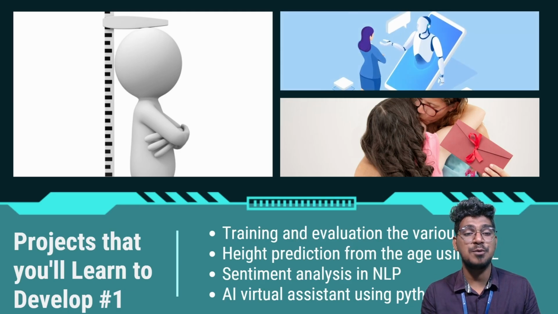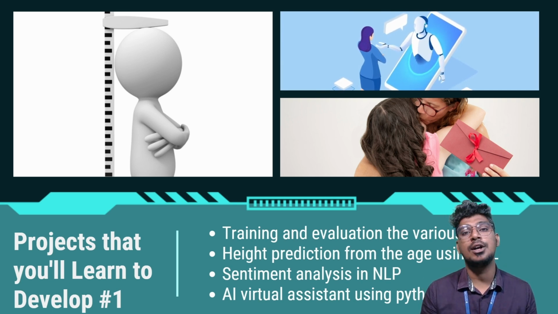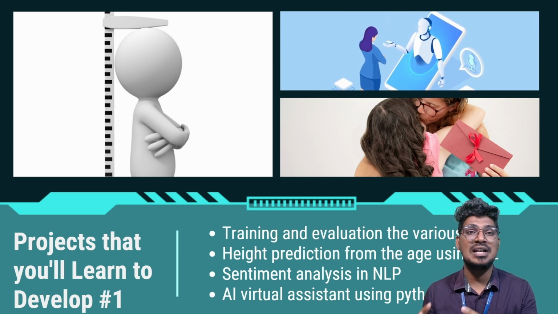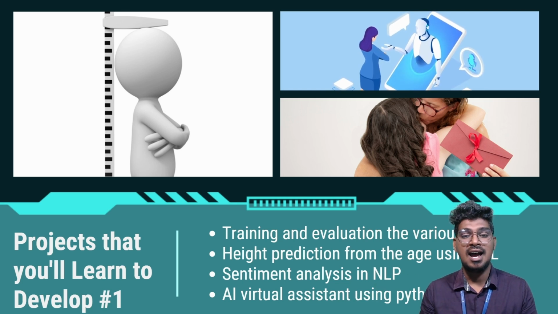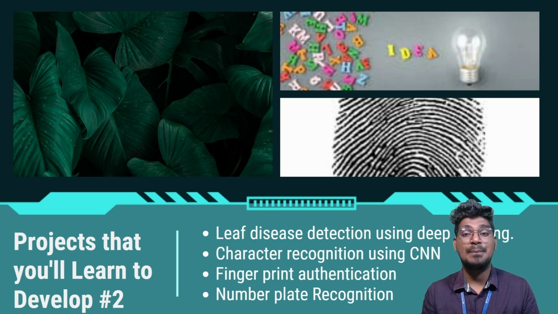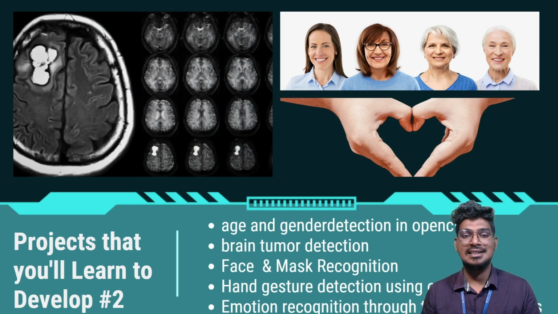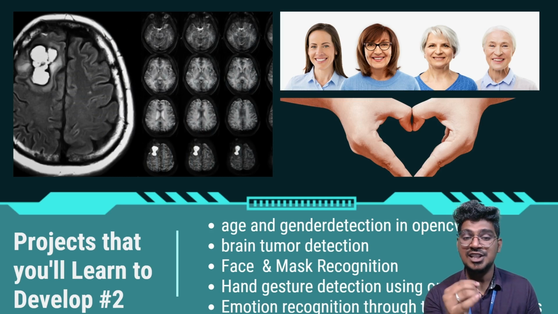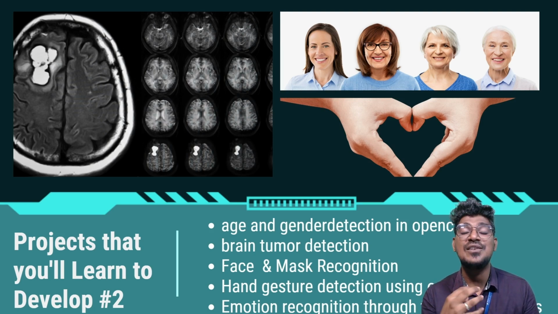So what are the projects I am going to discuss with you? How to create a model, how to train it, and how to evaluate the various machine learning models, weight prediction based on height and gender, sentiment analysis using NLP, an AI virtual assistant using Python, leaf disease detection using deep learning, character recognition using a convolutional neural network, fingerprint authentication, number plate recognition, age and gender detection, brain tumor detection, face mask recognition, hand gesture detection, and emotion recognition through facial expression.